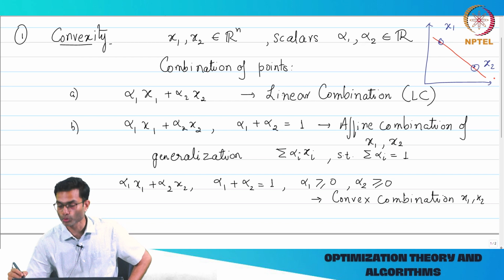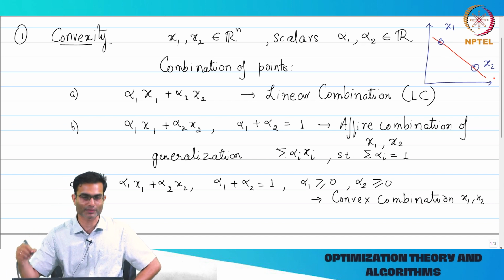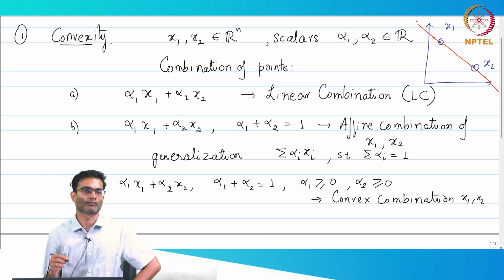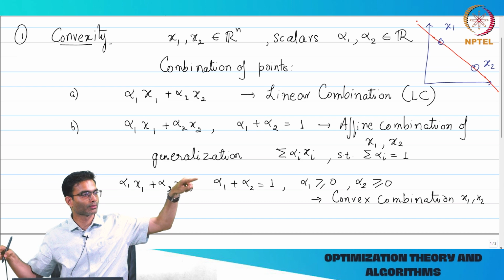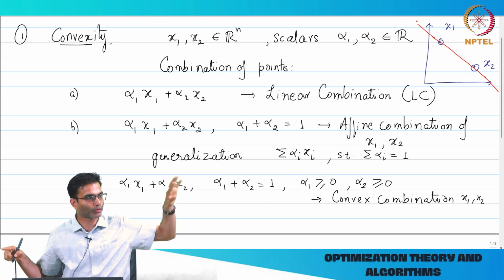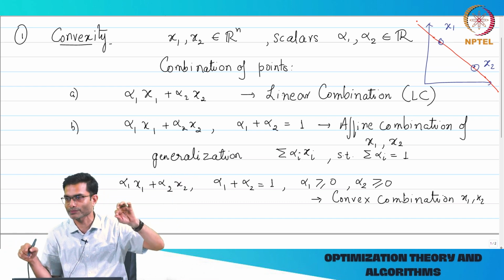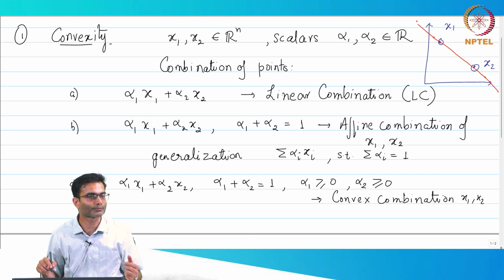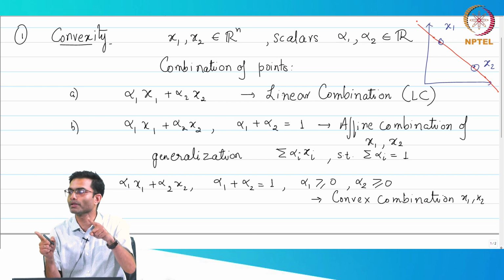It looks like I have drawn this line to only be in the first quadrant, but it need not be. I can extend it like this. So an affine combination basically traces out the entire line that connects x1, x2. Whereas the convex combination, now you can appreciate, where is it? It's the line segment between x1 and x2.